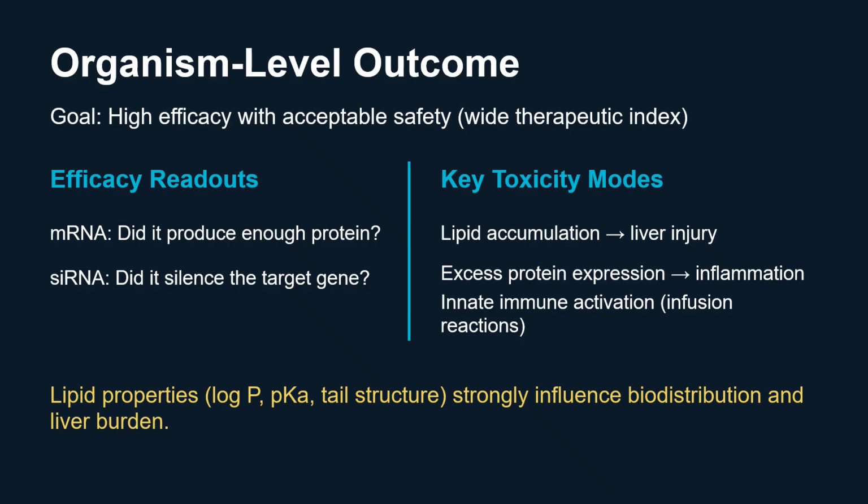Physicochemical properties of the lipid components, such as effective hydrophobicity, ionization behavior, and the lipid tail structure, strongly influence biodistribution, tissue exposure, and liver burden. So, at this final layer, we are no longer talking about individual molecules or particles, but about how all upstream design choices express themselves in vivo.